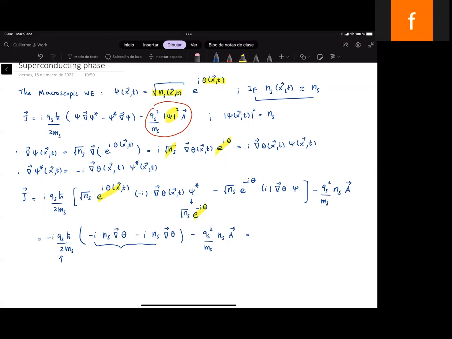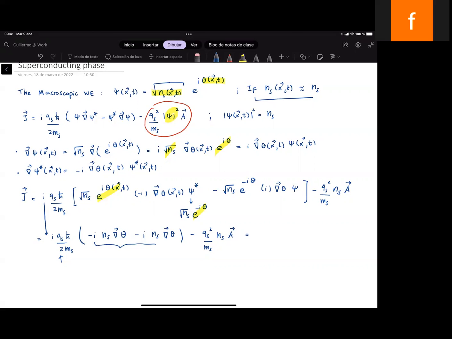But then the sign here, sorry, I made a mistake. This is a plus sign, okay? That comes from this term. We have i times i, which is minus, and with the minus it is plus.